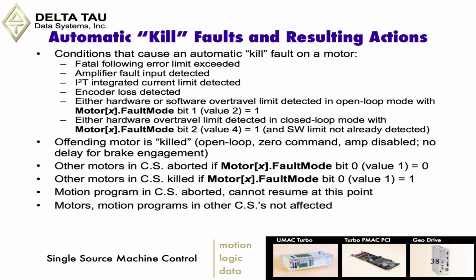Other motors in the coordinate system are killed if that bit is equal to 1. So depending on the setting of that, it determines what happens to the other motors in the coordinate system. And of course, the motion program is aborted since the motor was killed. And you almost definitely can't resume from that point because you don't know where you are since the motor coasted, or in some cases may have coasted to a stop.